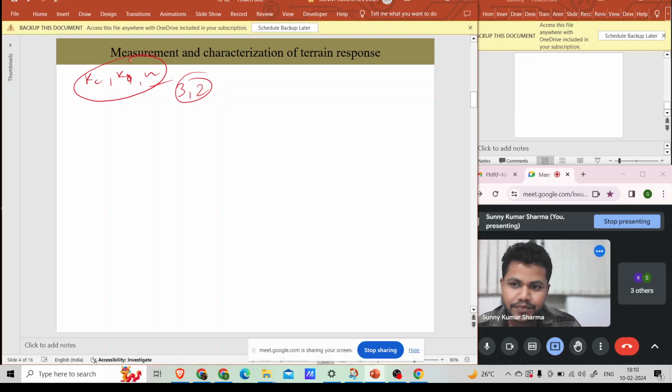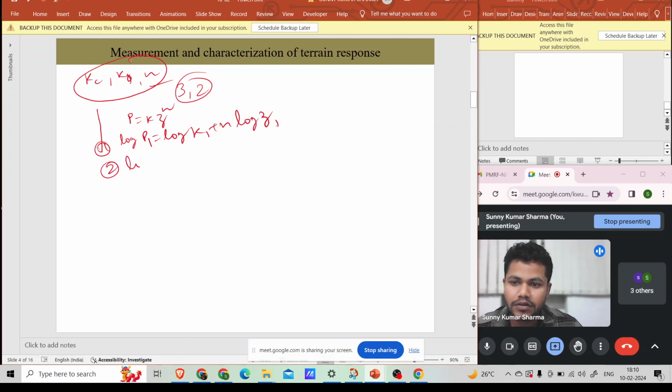The thing is that suppose the governing equation, that is Bekker's equation, is P equal to K into Z to the power n. You will take log on both sides: log P is equal to log K plus n log Z. For the first plate we will get some equation, log P1 is equal to log K1 plus n log Z1.